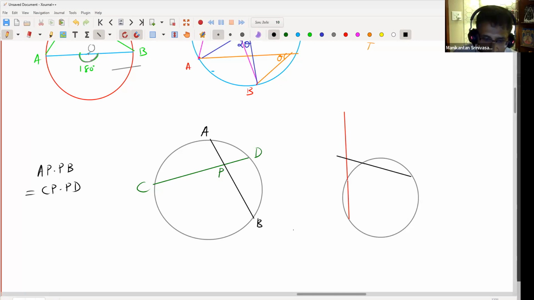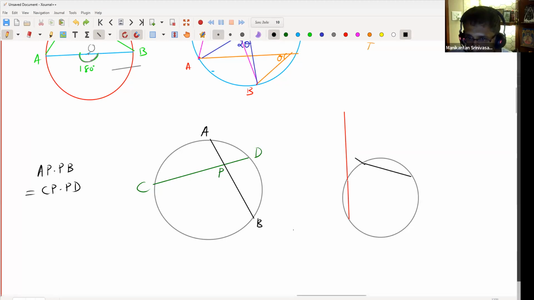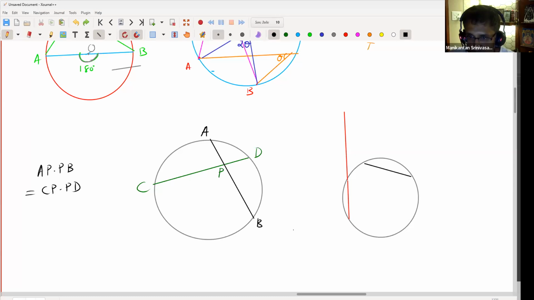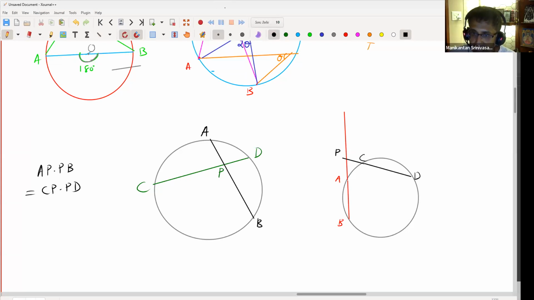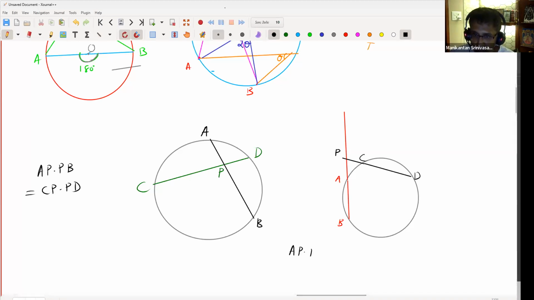Now if I label my points, let's say this is AB and this is my CD. The intersection point is my P. It's still AP into PB is CP into PD.